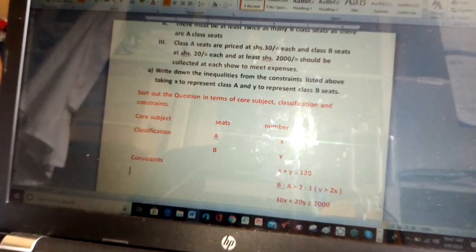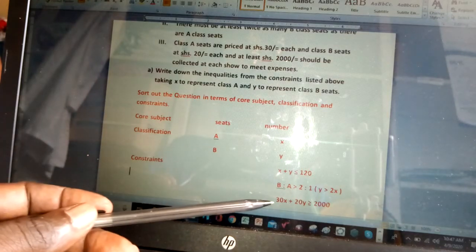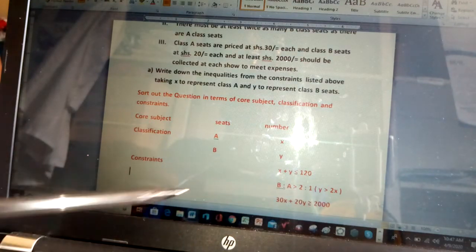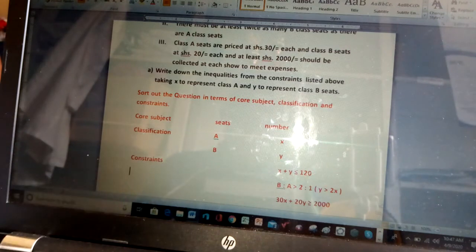Third, class A seats are priced at that. Okay? So we are given the price of each seat and we are told the least we can collect is 2,000. So I combine: 30x plus 20y must be greater than or equal to 2,000.